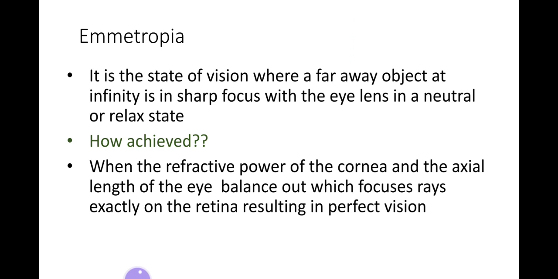What is emmetropia? It is the state of vision where a far away object at infinity is in sharp focus with the eye lens in a neutral or relaxed state. How is it achieved? When the refractive power of the cornea and the axial length of the eye balance out, which focuses rays exactly on the retina, resulting in perfect vision. Actually, it is not an abnormality; emmetropia is the normal vision, that is the perfect vision.